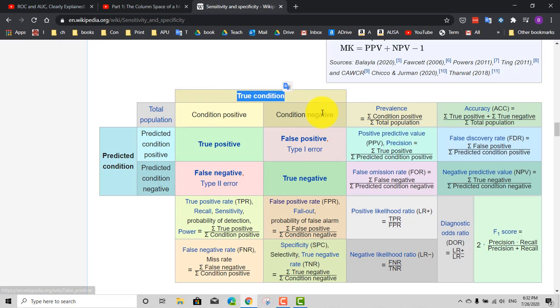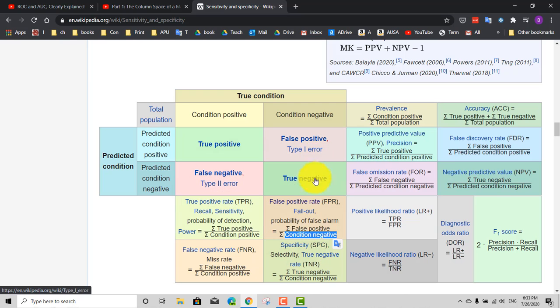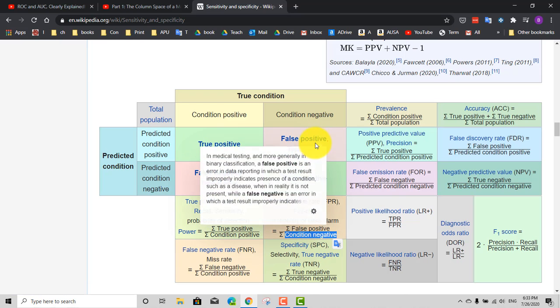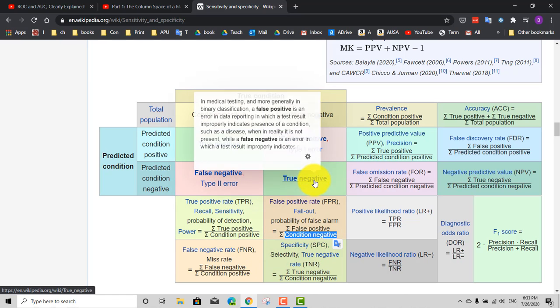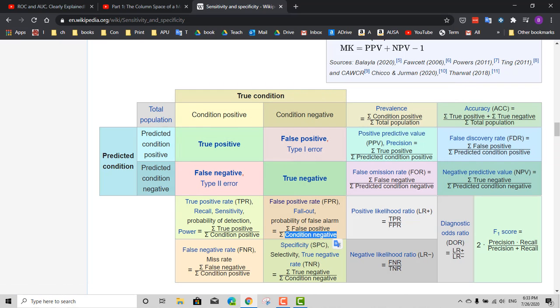So we're considering, of all the ones that are truly negative, the condition is really negative. From all of those, we want to calculate the number that are false positives. In other words, the ones that are considered positive, even though they're actually negative. So it's this divided by these two. That's the false positive rate. So that's one of the axes.